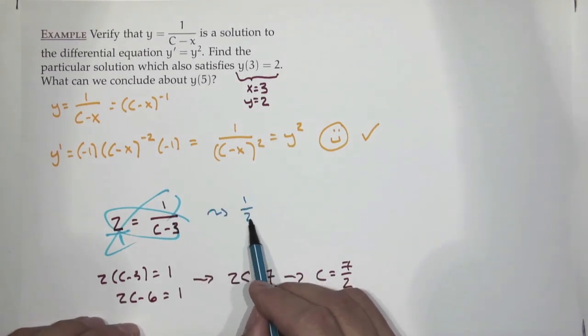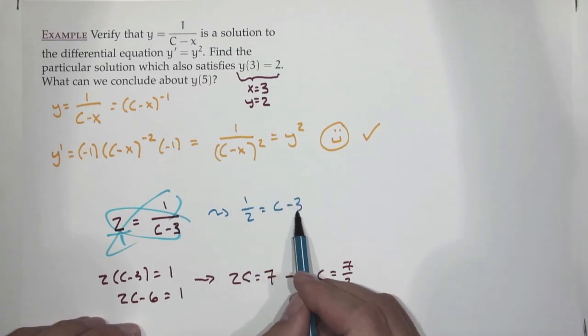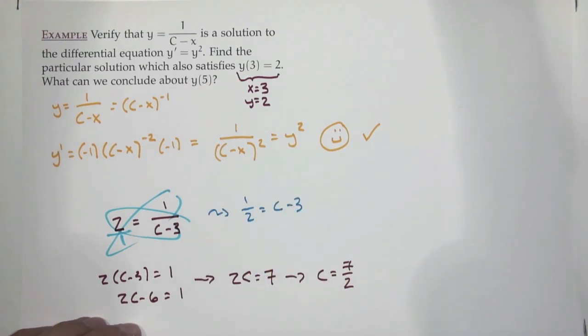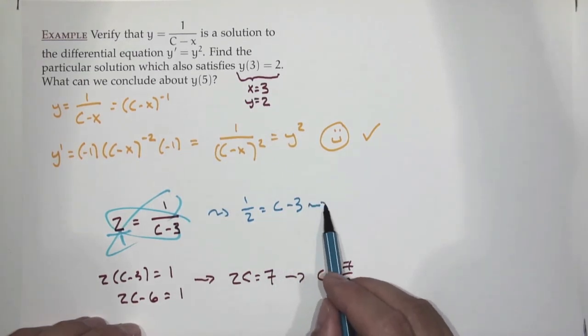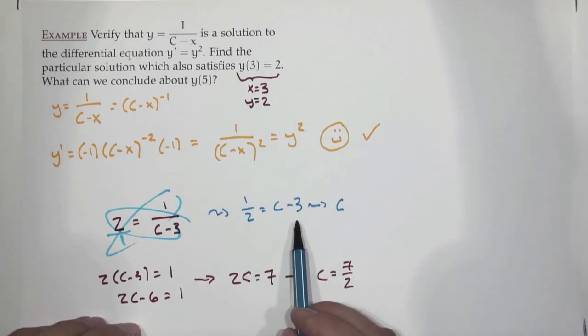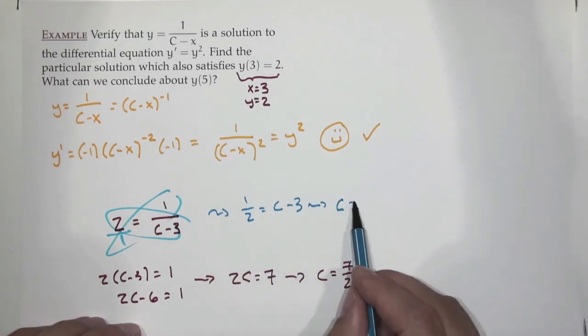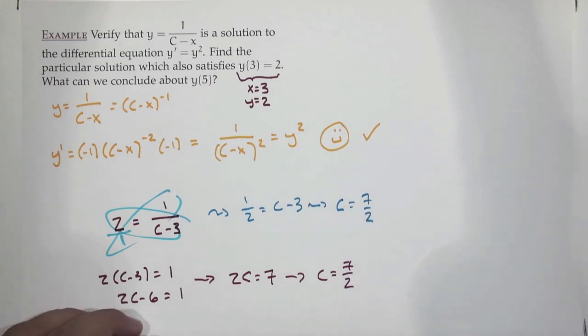Let's just flip both sides. So if you did that, you'd get 1 over 2 is c minus 3. And now what do you do to solve for c? Add 3. Well, 3 is the same as 6 over 2. 6 over 2 plus 1 over 2 is 7 over 2. Yeah, lots of choices, lots of choices.